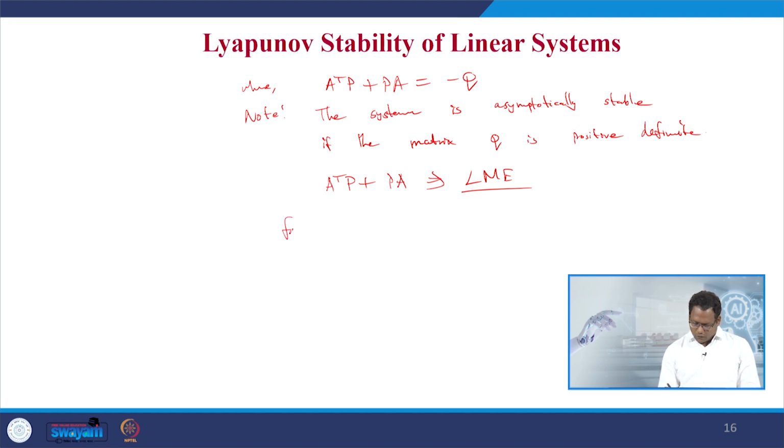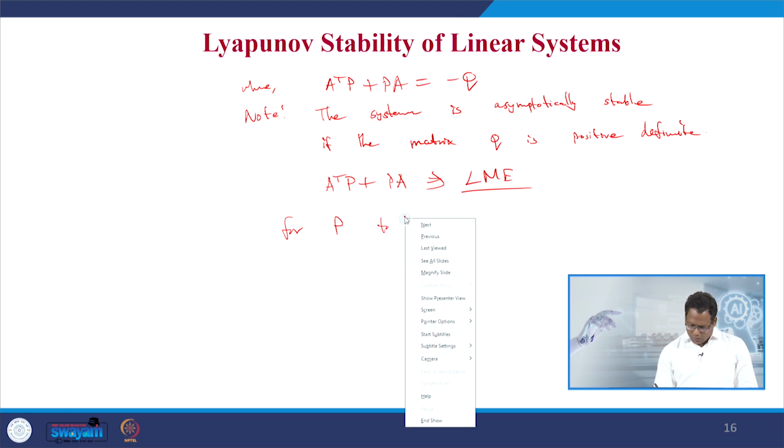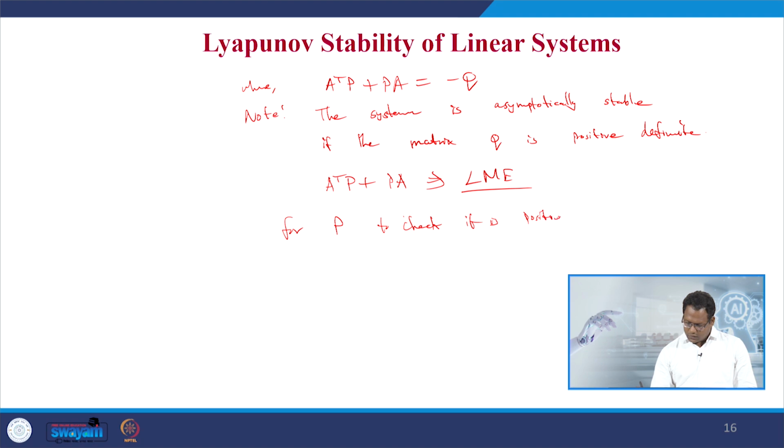So, for P to check it is positive definite, one can use Sylvester's approach.